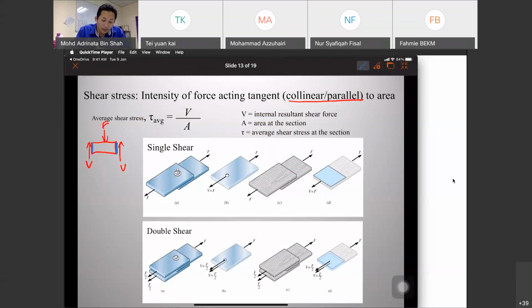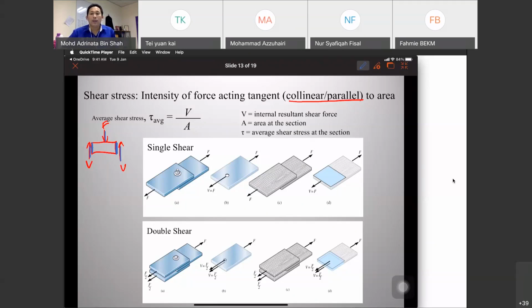The force is this one. So it is collinear or parallel. Dia tak perpendicular macam normal stress. So that is the difference between normal stress and shear stress.